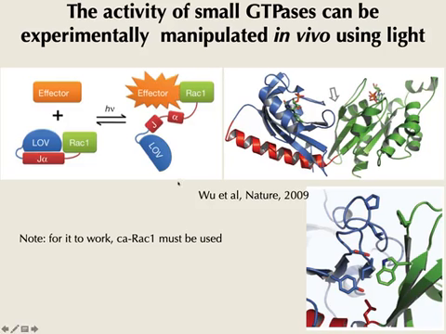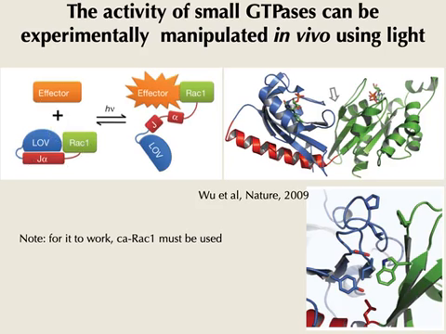So here the tool is the following. You take a Rac protein, and you have to know that this has to be a constitutively active Rac. Okay, so inherently it's going to activate if you let it bind to the effectors. Except it will not bind to the effector because this is entirely engineered, right?